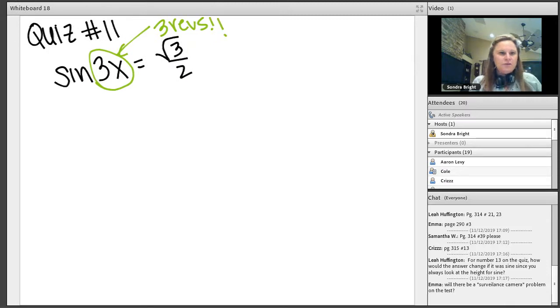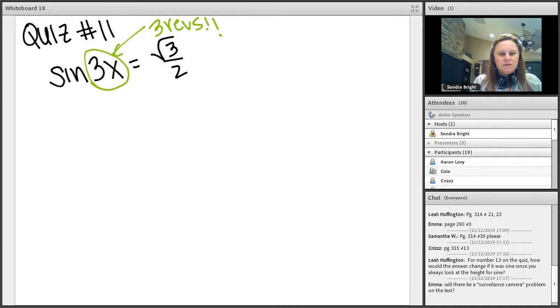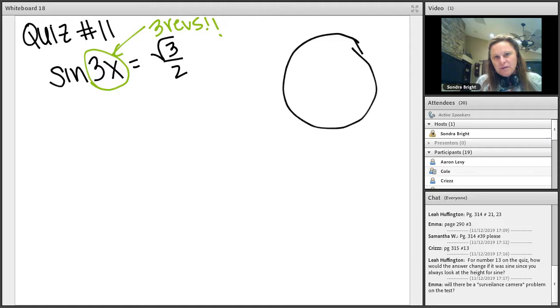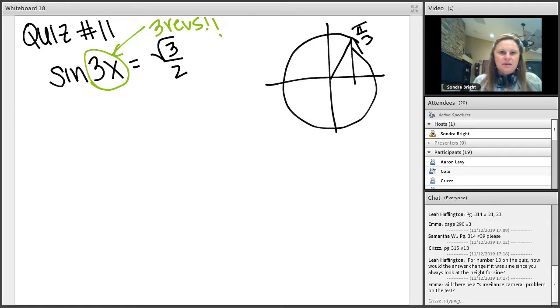You've got to go around 3 times. So, first of all, let's figure out what angles have sine equal to rad 3 over 2. So here at pi over 3, and then also at 2 pi over 3.